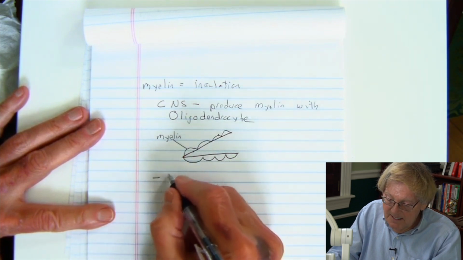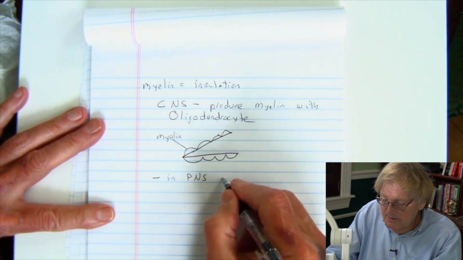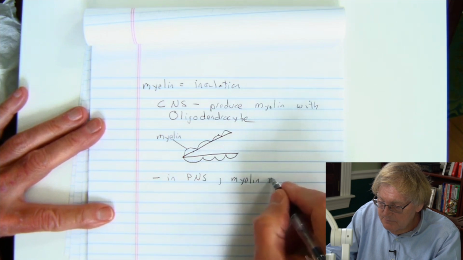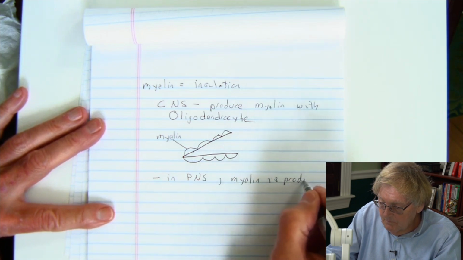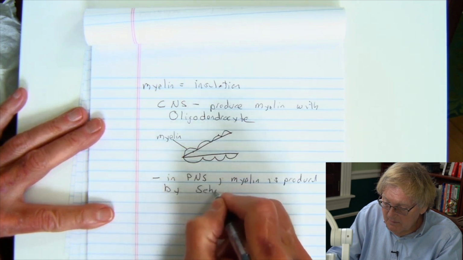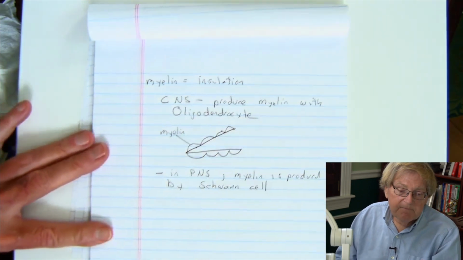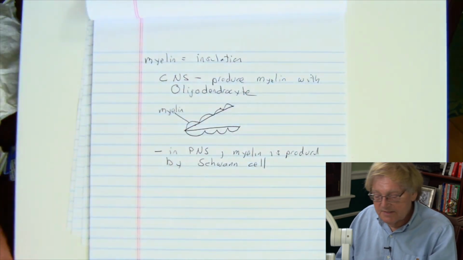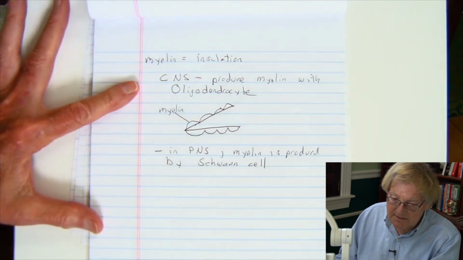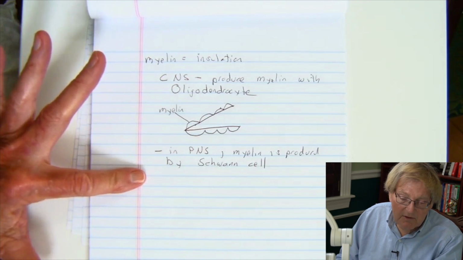So in the PNS, myelin is produced by a Schwann cell. So same thing. I've got to have myelin both in my central and my peripheral, except it's an oligodendrocyte in the central, but it's called a Schwann cell in the peripheral.